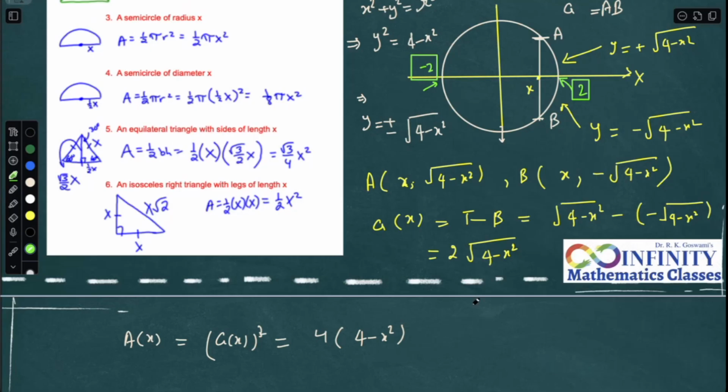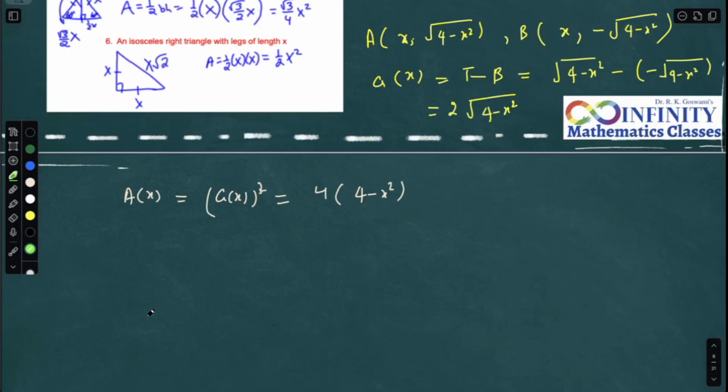Right. These are nothing but the limits of x. So you should tell me that the volume is going to be simply from the limit -2 to 2. Just write A(x) dx. So from -2 to 2, it is 4 times (4 minus x squared) dx.